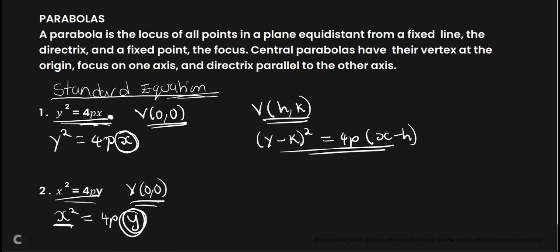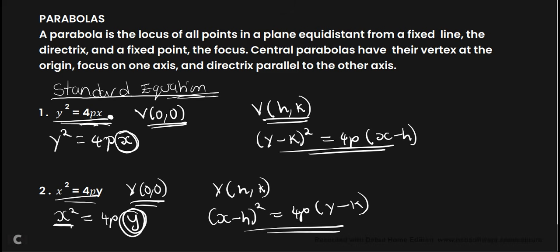This is the standard equation of the parabola if we have the vertex h, k. The other one is just the same, meaning that it will be x minus h squared equals 4p times y minus k. This is your standard equation if your vertex is h, k.